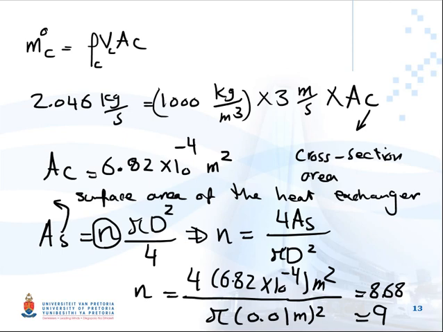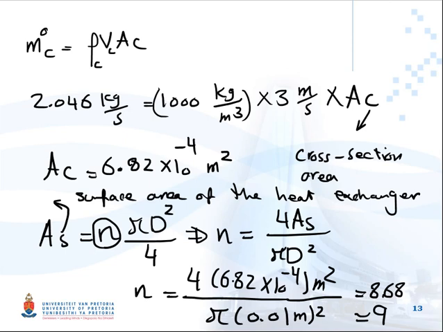So why do we use them interchangeably in this specific correlation or question? We basically replace that AC with AS.